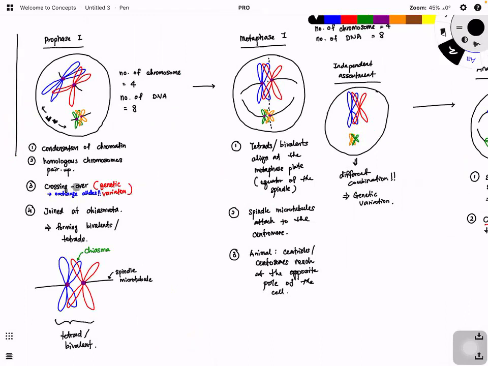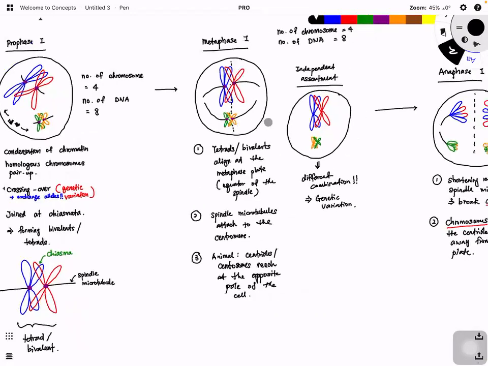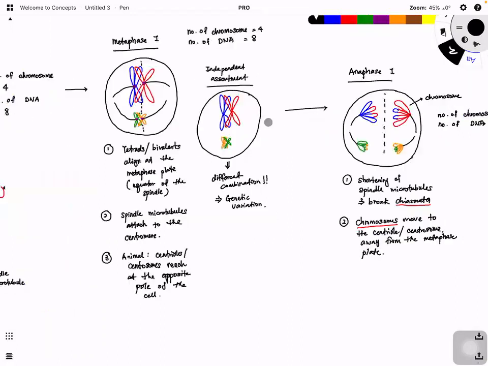After crossing over, they join at the chiasmata, forming the bivalent or tetrad. Then when it comes to metaphase 1, the entire structure, the bivalent or tetrad, aligns at the metaphase plate. And independent assortment takes place, which will give us genetic variation later.